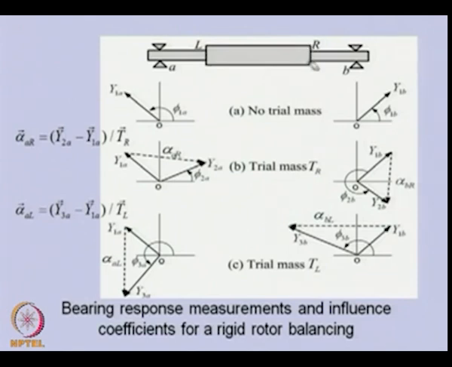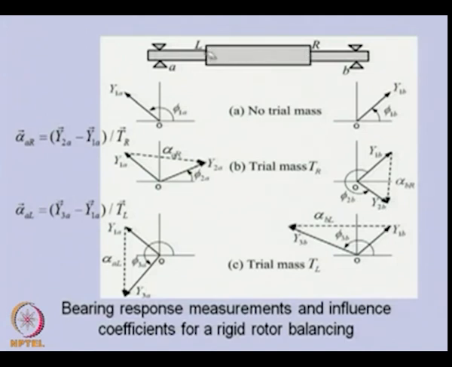Here we can add or remove the mass, and near the bearing we are measuring the vibration by some sensor, maybe a proximity sensor or displacement sensor. So A and B are the measuring planes, L and R are the balancing planes. First we will rotate the rotor at some nominal speed and measure the vibration. We will not add any trial mass into the rotor.